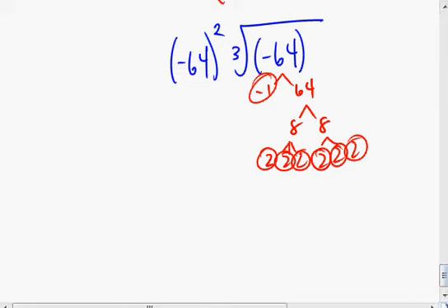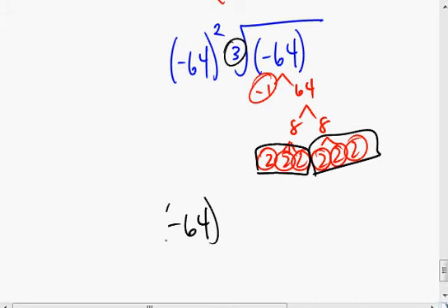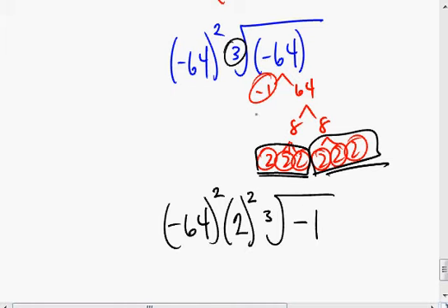Let's take, we're looking for 3 of a kind. There's 3 2s, there's 3 more 2s. Right? Okay, so what we have on the outside is negative 64 squared, 2 squared. 1, 2, 2 2s. There's 2 of those multiplied together. Cubed root of negative 1 inside.